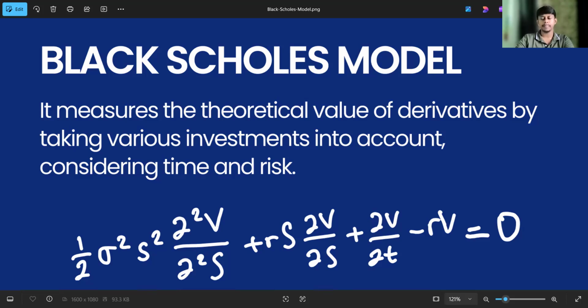This matters enormously in practice. Traders often run the formula in reverse, taking the option's actual market price and solving backward for what volatility the market must be assuming.